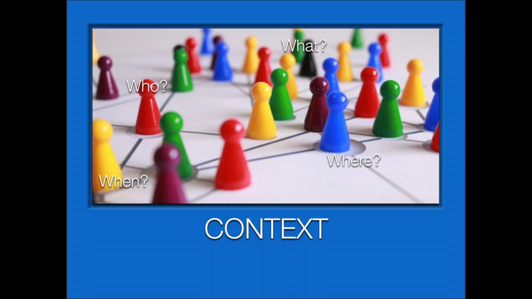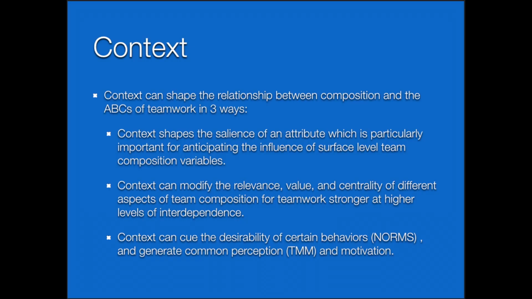Another important consideration is context. Context can shape the relationship between composition and the ABCs of teamwork in 3 ways. Context shapes the salience of an attribute, which is particularly important for anticipating the influence of surface-level team composition variables.